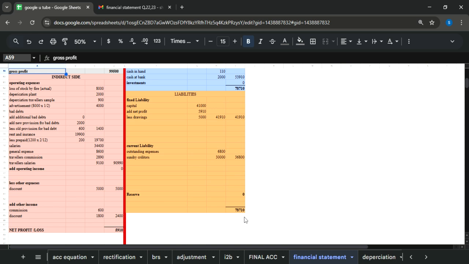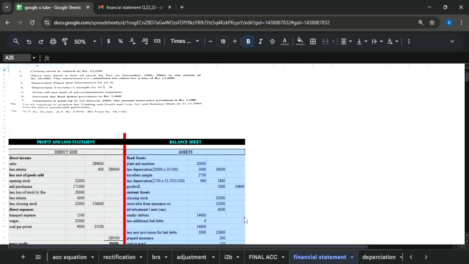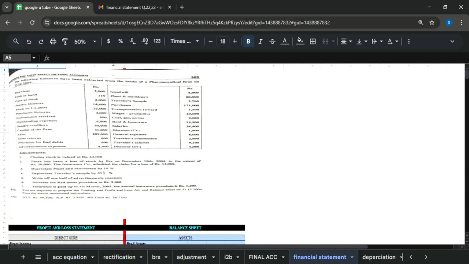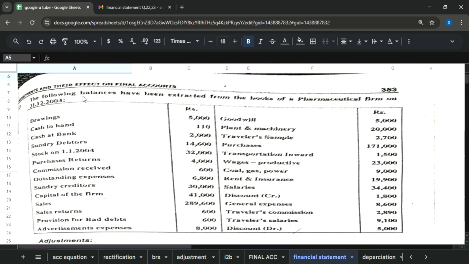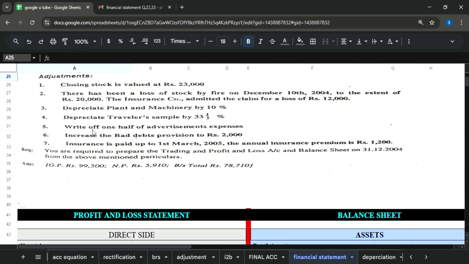So guys, this was your question. It was very interesting, and once again I'm telling you to be very attentive to these two adjustments. Depreciation was old, write-off was a little new but not complicated. Here there was a loss. This was a new adjustment, and I'm requesting you to please repeat and revise this.